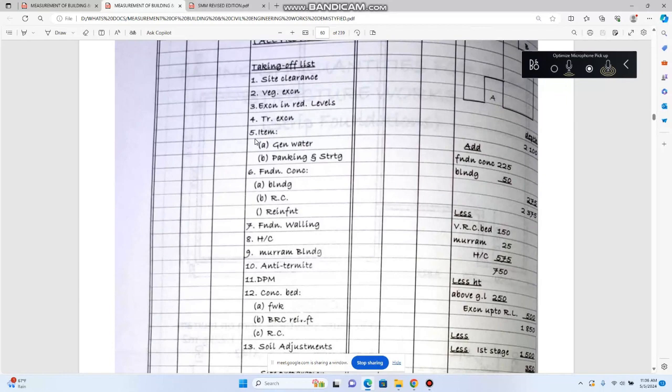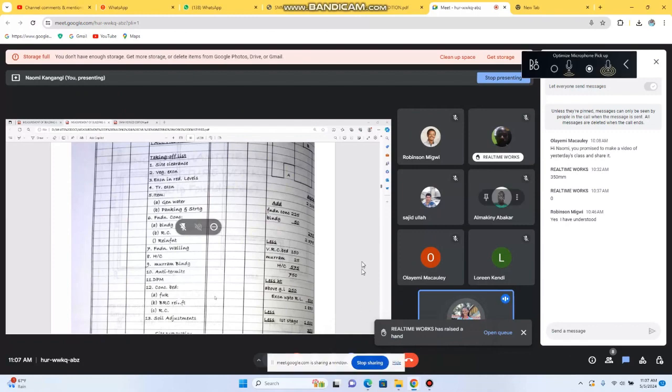So we can only price it under preliminaries, works that are done in preparation for the works. I don't know if I got your question right, but works that support the work of the building and cannot be measured and costed in the elements of work have to be under preliminaries.